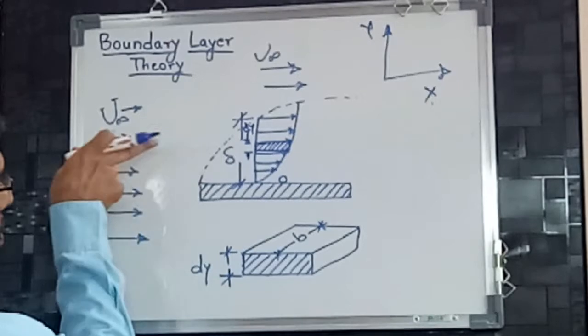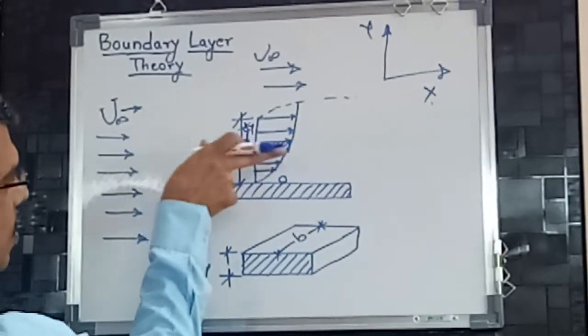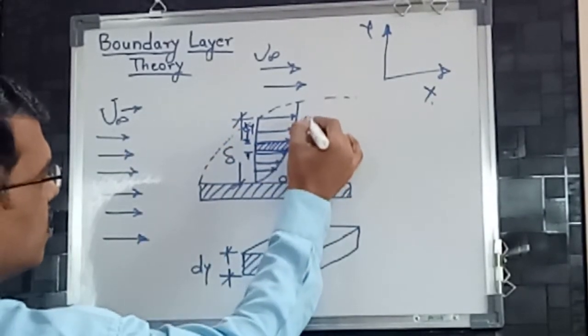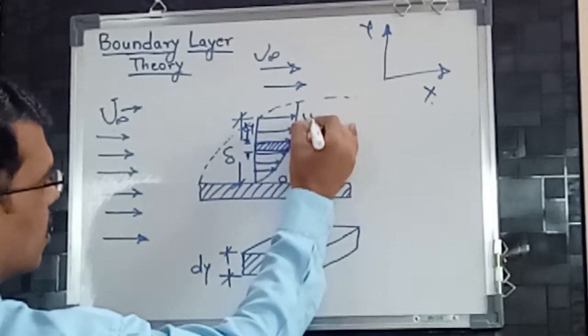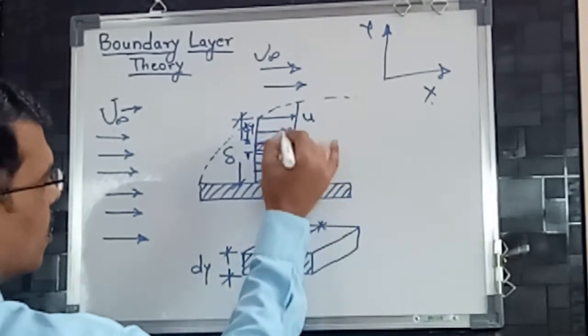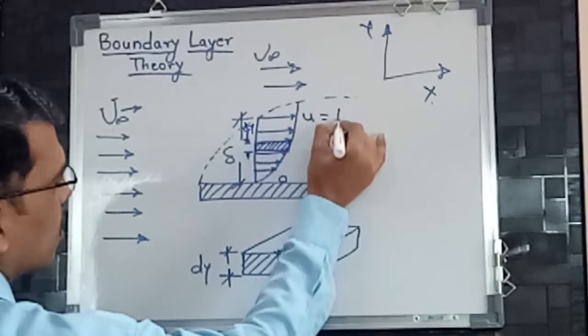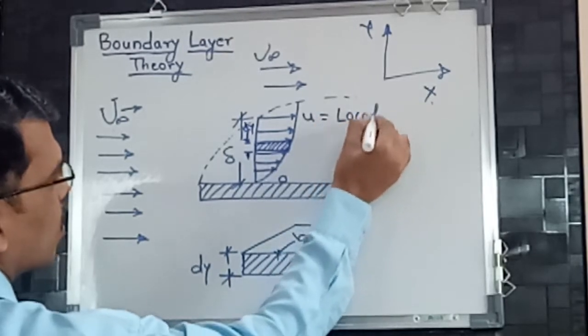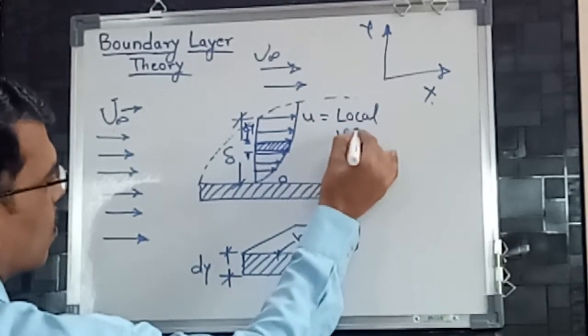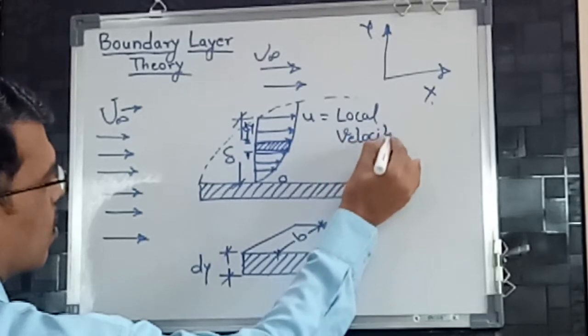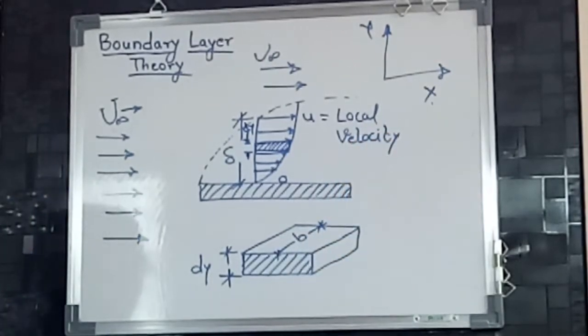Now see, the velocity will flow in this direction. So here we consider u velocity. This is the local velocity. One is infinity, that is the free surface velocity or free stream velocity.